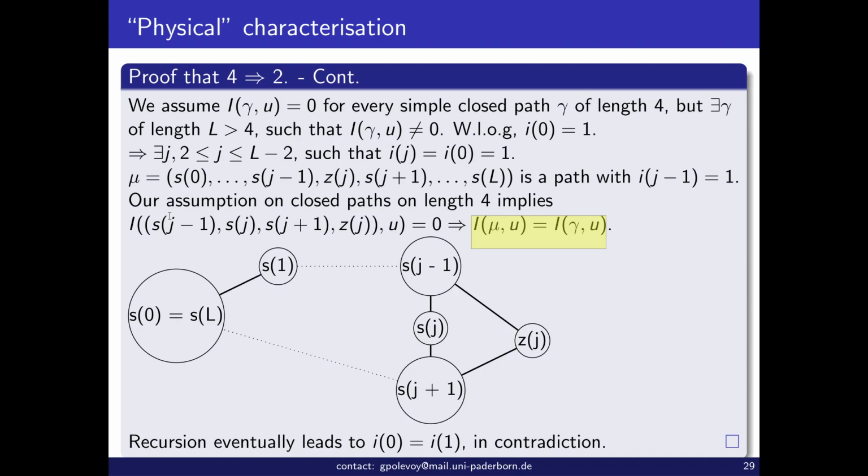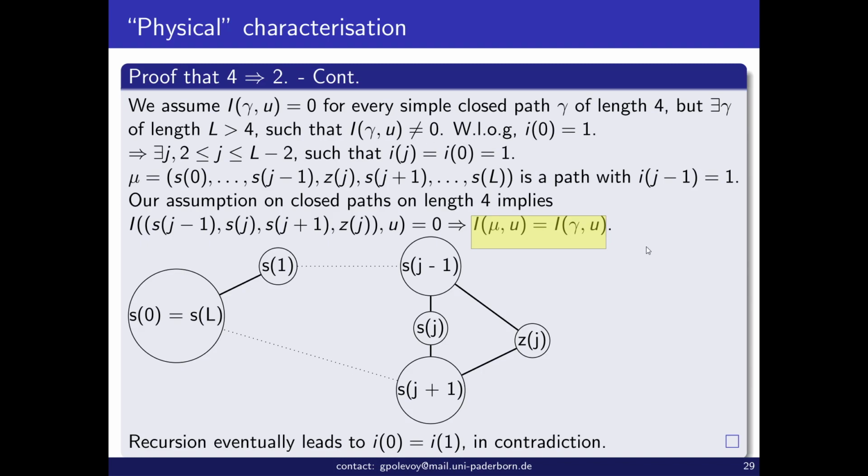And therefore, we can conclude that going from Sj minus 1 through Sj to Sj plus 1, or through Zj, gives the same addition to the I. And therefore, by replacing that piece with that piece, I remains the same. So I of mu with u is equal to I of gamma with u.